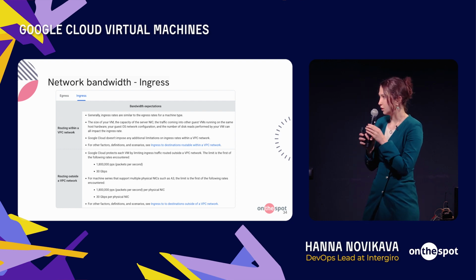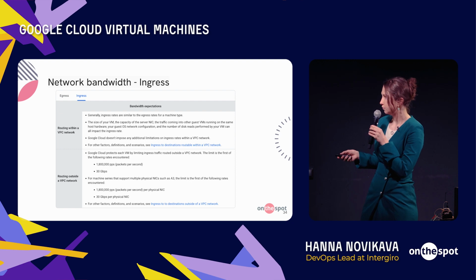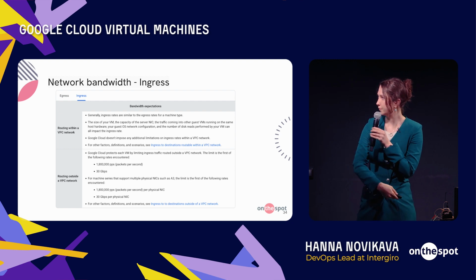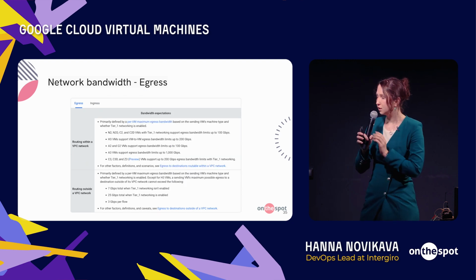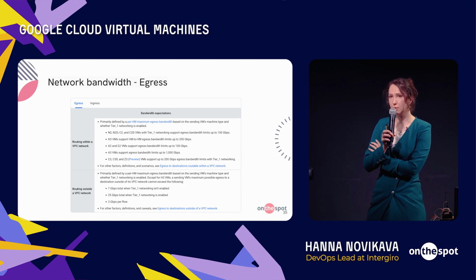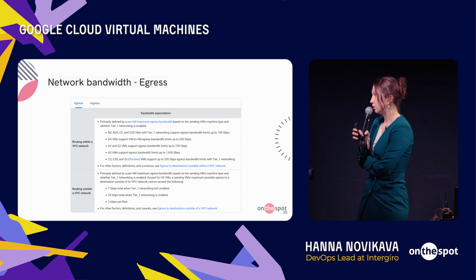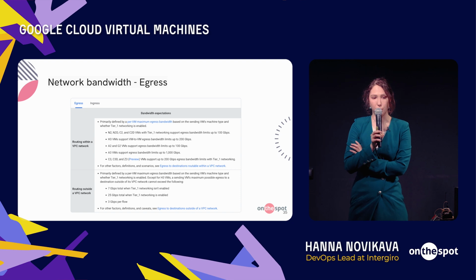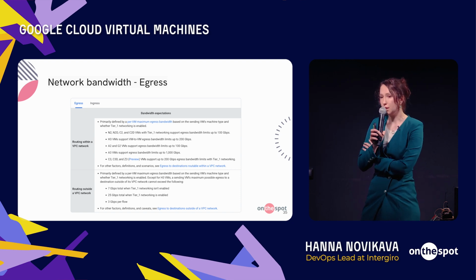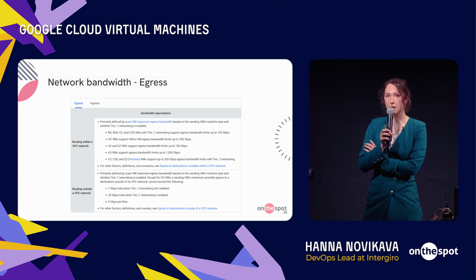But what about egress traffic? You always need to think about it. It's kind of a cost-cutting feature all the time, because for traffic going out from Google Cloud, you pay a lot.